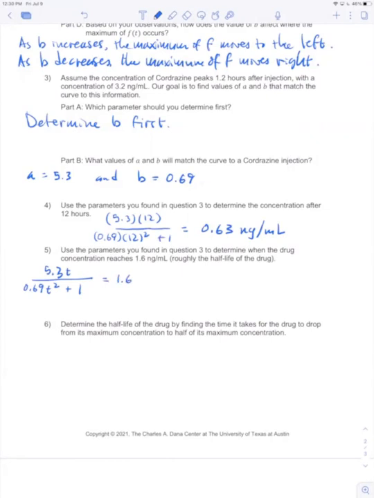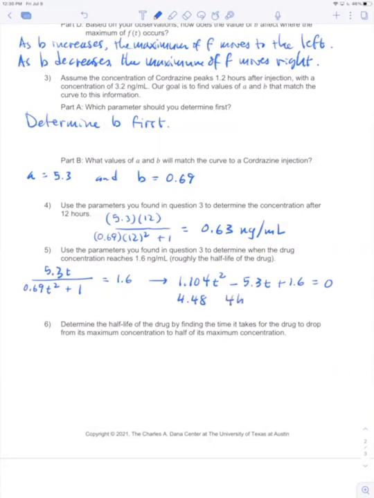So if we multiply this out, we're going to get a quadratic, and it's going to end up being 1.104 t squared minus 5.3 t plus 1.6 equal to 0. And when we get our answers, we'll get 2 answers, but the answer we're looking for is 4.48, which is a little bit less than 4.5 hours.